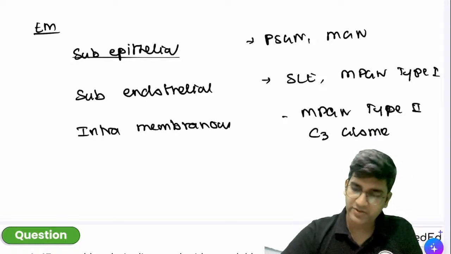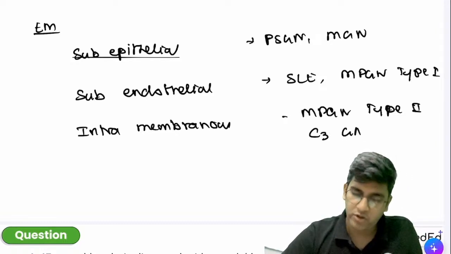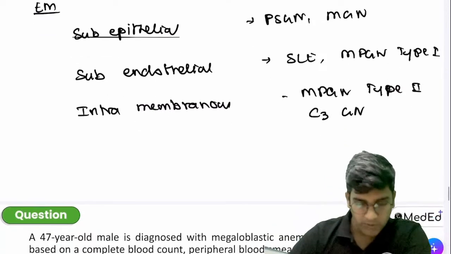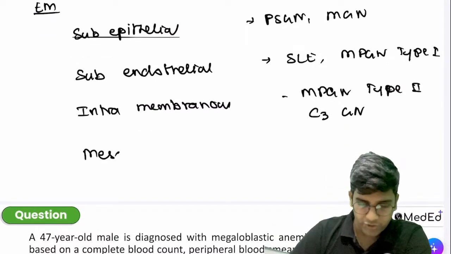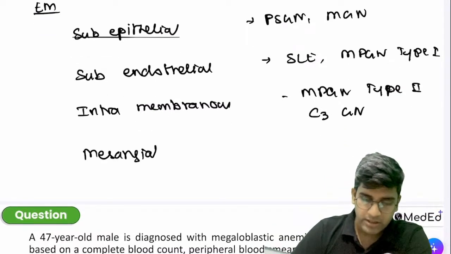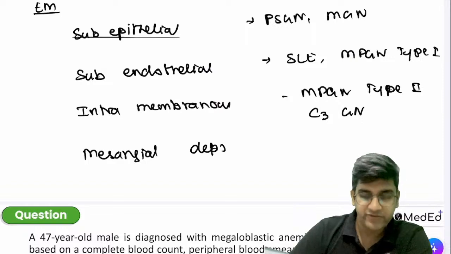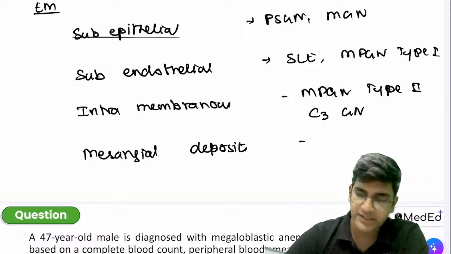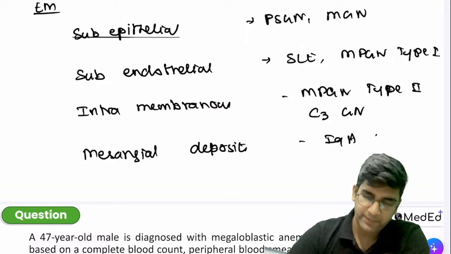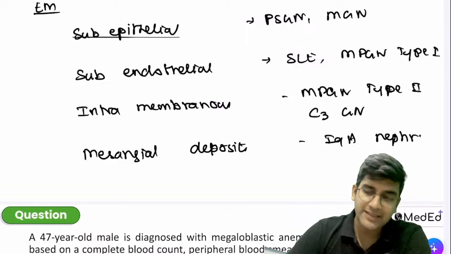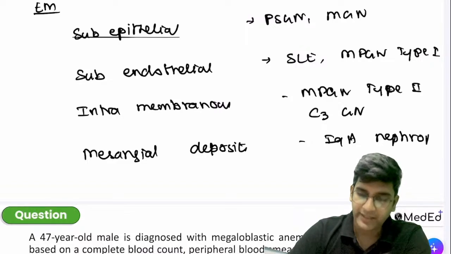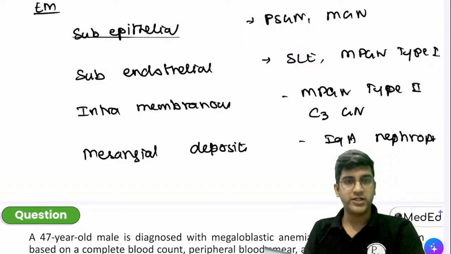Okay, I'm just writing C3GN, GN for glomerulonephritis, right? There's one more thing, mesangial deposit. Mesangial deposit, the first possibility I want you to think of is IgA nephropathy. Okay. All these are electron microscopic deposits in the different locations, right?